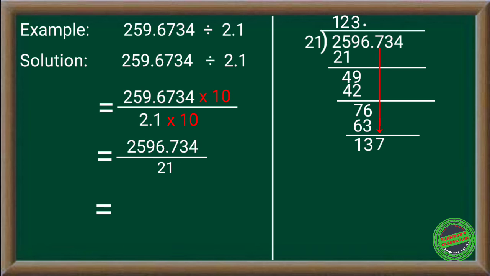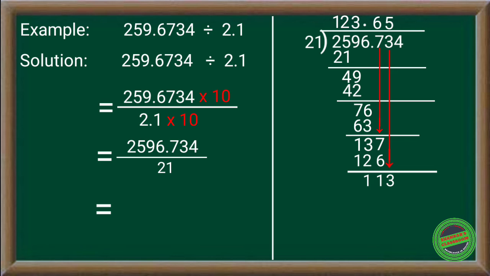Now the next digit is 7, so 21 by how much? 21 6s, yes, 126. Then keep on subtracting, and then continue to divide. So this will be 113, and then it will go by how much?